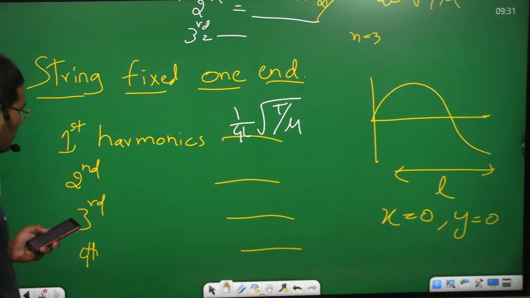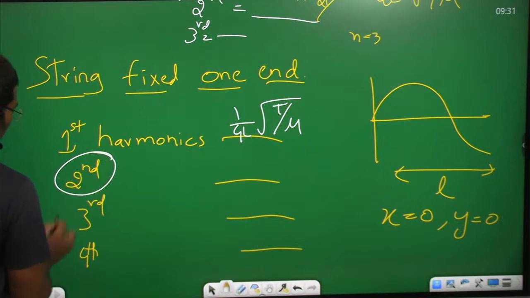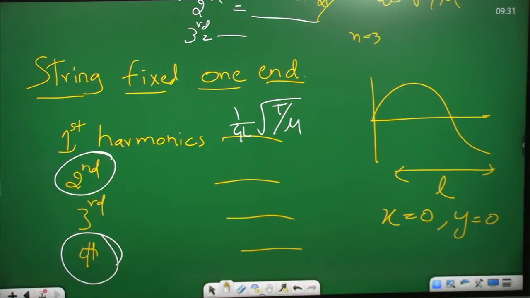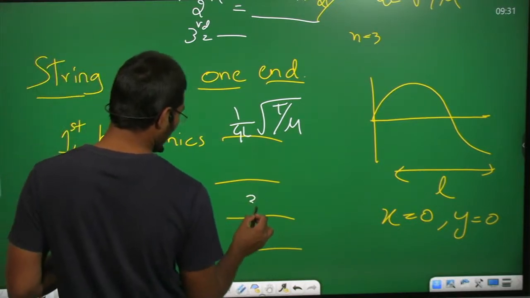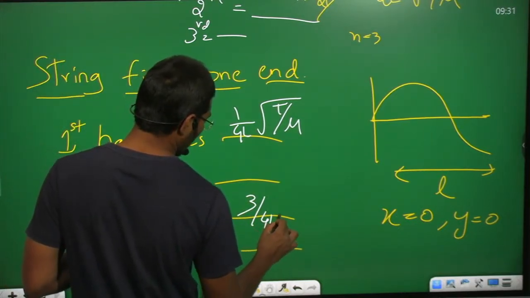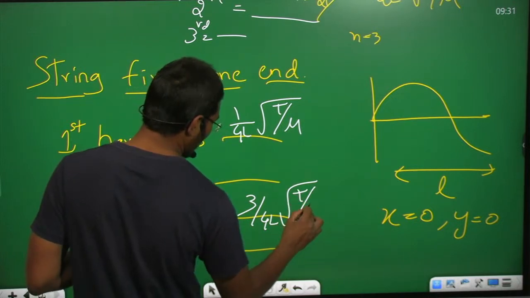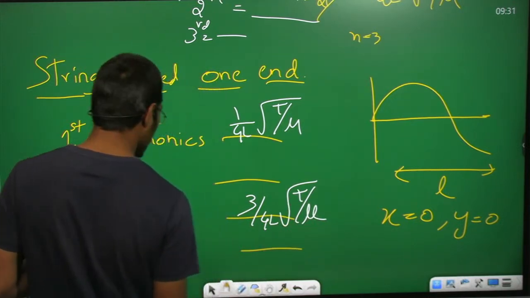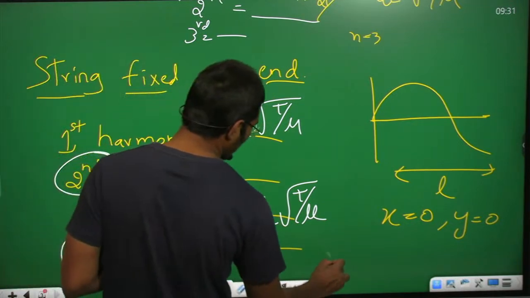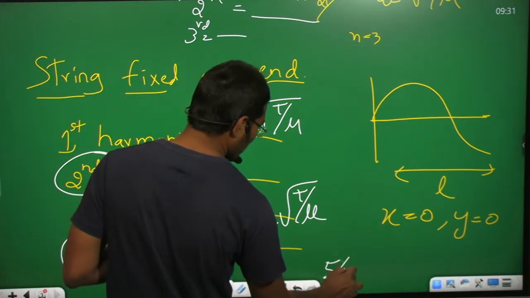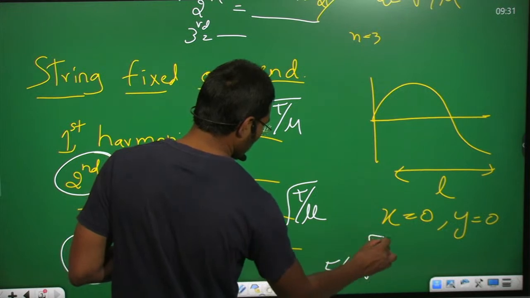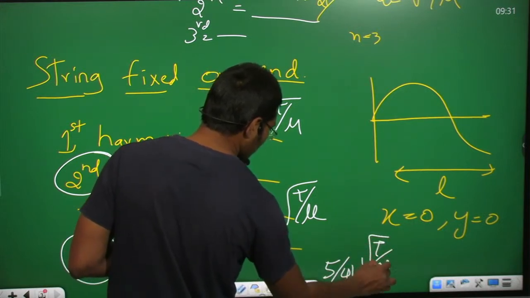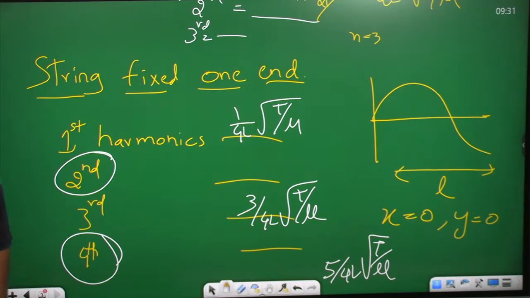See, there won't be second harmonics and fourth harmonics. Only 1, 3, 5. For a string fixed at one end, only odd harmonics are present. It will be 3 by 4L under root of T by mu. And in the similar fashion, if you go for fifth, it will be 5 by 4L under root of T by mu. Okay. So there won't be second and fourth.